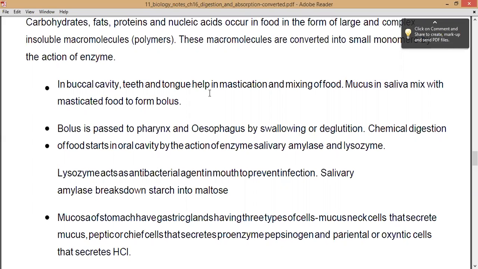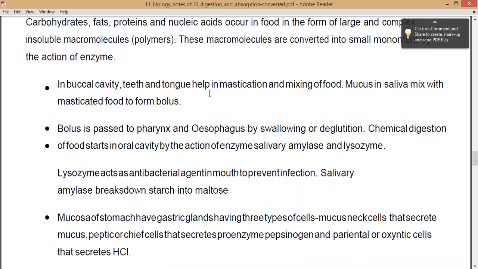Now this bolus passes to the pharynx. The pharynx, as you know, is a common passage from where food as well as air both pass. After the pharynx, the esophagus comes, where the swallowing of the food takes place.